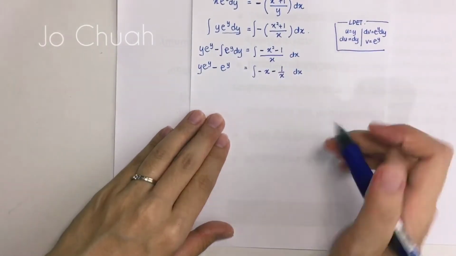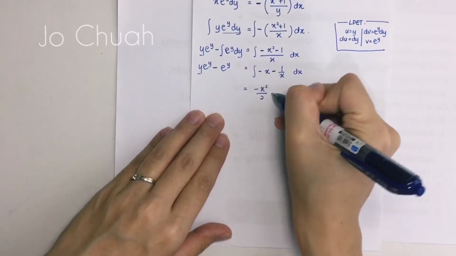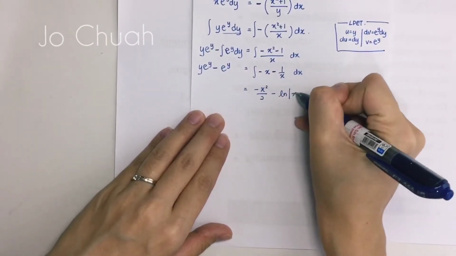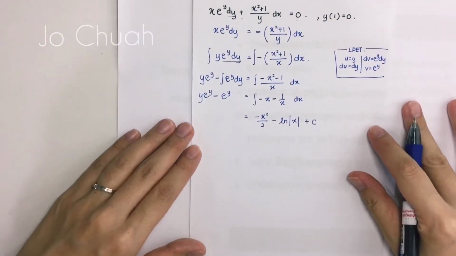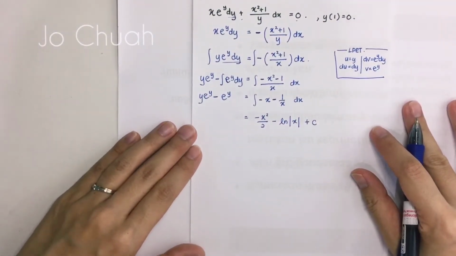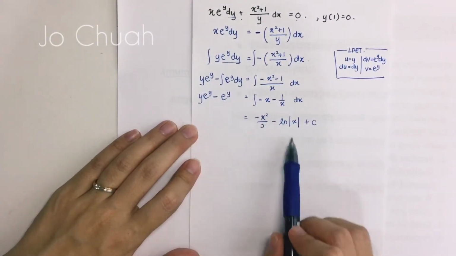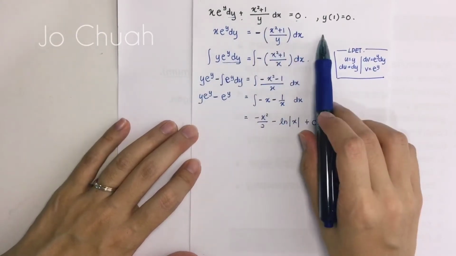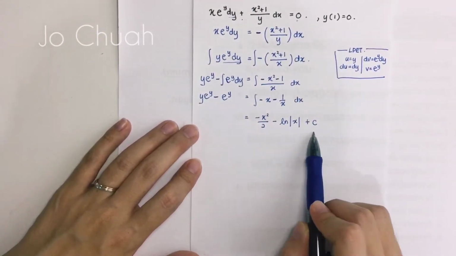Alright, so you're gonna have negative x squared over 2 minus ln modulus of x plus c. As I said, we will only put plus c on the right. This is actually the general solution for the question, but since it's given the condition, you have to put it here to get the c.